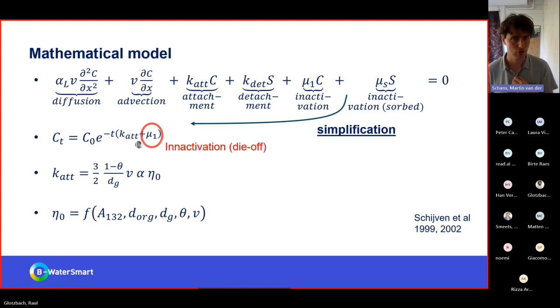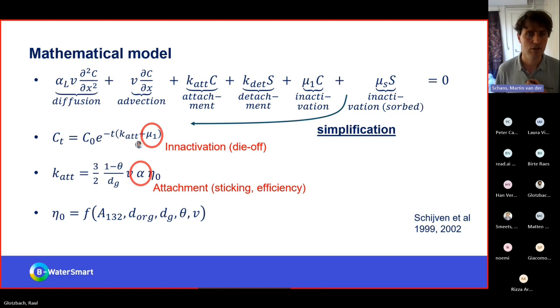And basically what you require as input is an inactivation or die-off rate. You need to know the attachment coefficient, which basically tells you, okay, in case a particle collides with a soil grain, what is the chance that it will actually stick to it? So it's also called sticking efficiency.